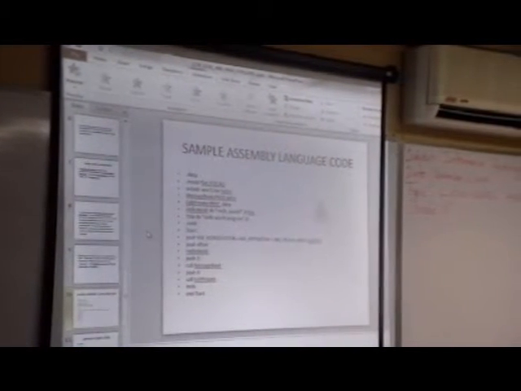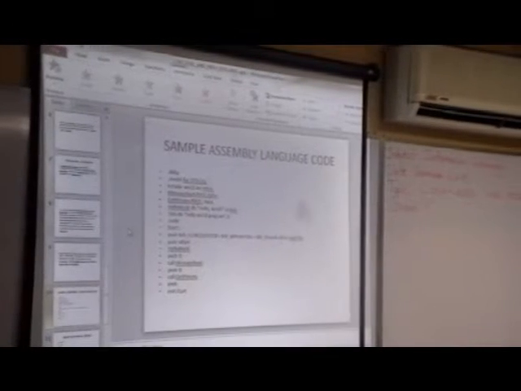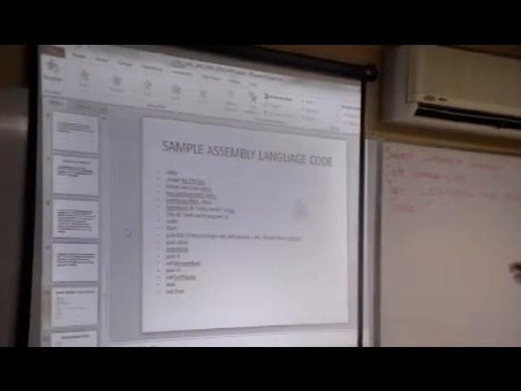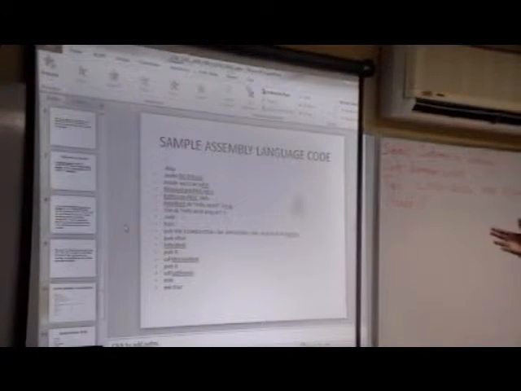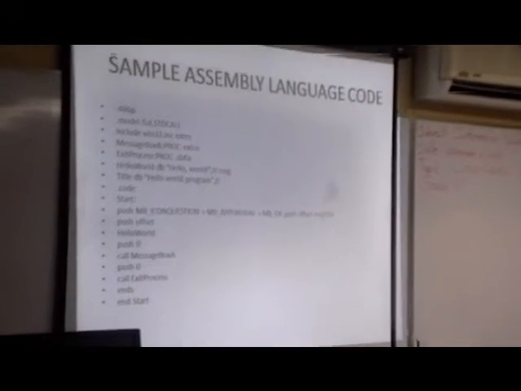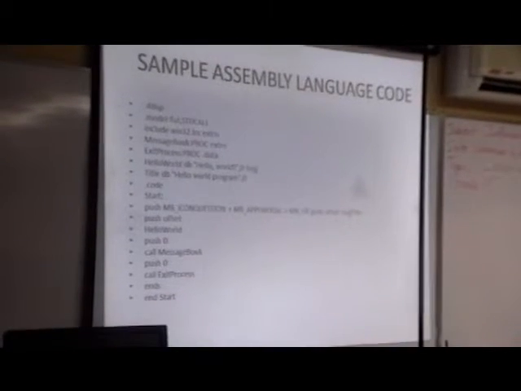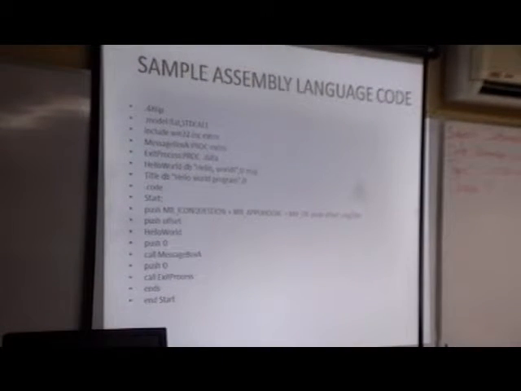Now, this is actually an example of assembly language code. As I look at it, it is not very readable, as you can see. If you can't see clearly, I do apologize. Looking at this, it is not very readable.